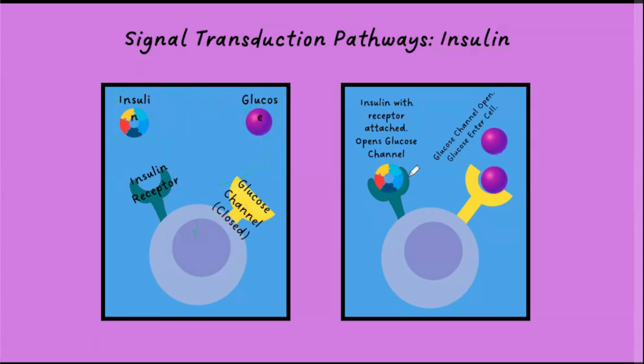However, if we have the insulin that attaches to the receptor, it sends a signal within the cell itself to open up that glucose channel. Therefore, the receptor opens up, allowing glucose to enter within the cell. And this is a way that the signal transduction pathway can work, essentially utilizing insulin.